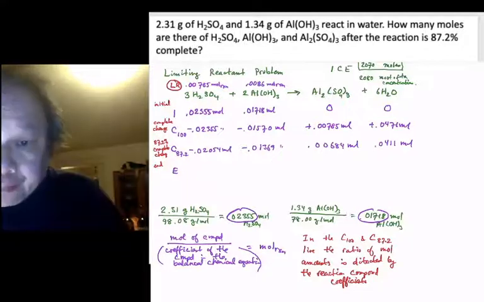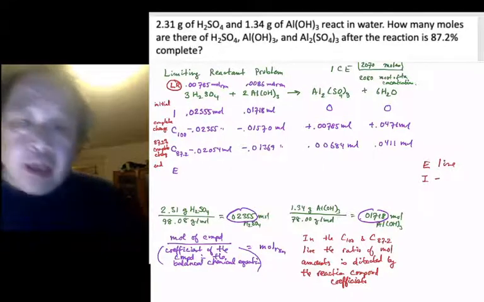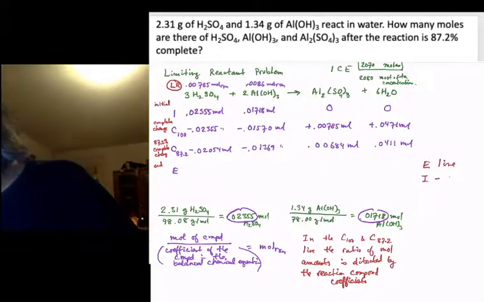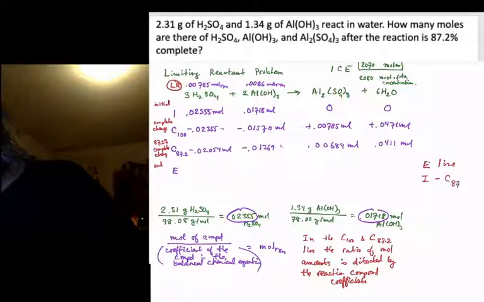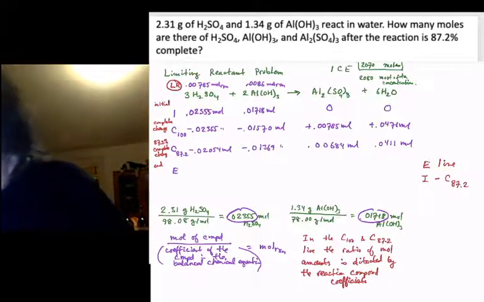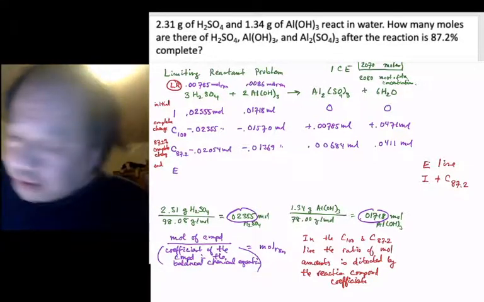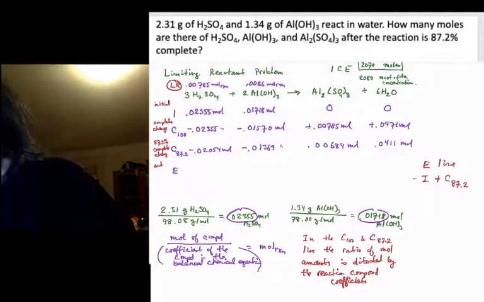And the E line is the I line minus what the actual change was. And the actual change here was the 87.2 line. So we take the I line and, I'm not subtracting, but add. The I line plus the change is the E line.